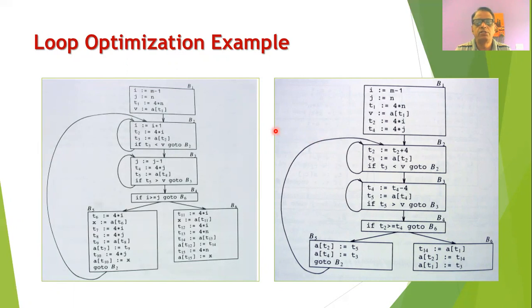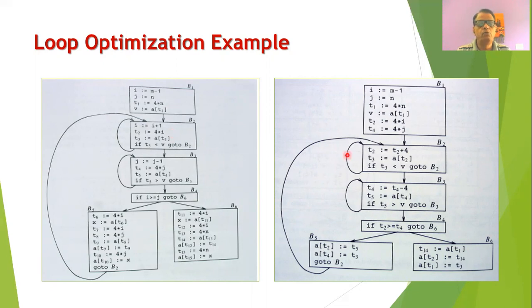Now, when we apply the loop optimization techniques to this intermediate code, then you will find that we will keep these expressions in the first block itself. But apart from that, we can move the expression for T2 and the expression for T4 from the loops B2 and B3 outside the loop. So they can be added in the block B1 because you will find that this T2 is just nothing but 4 into i, and therefore it is an induction variable, and it is possible that you can remove this statement out of the loop.